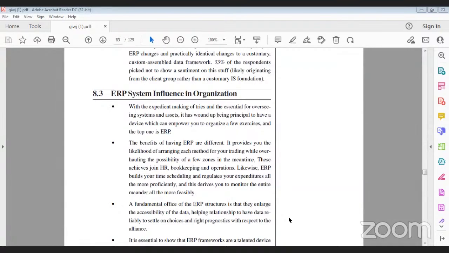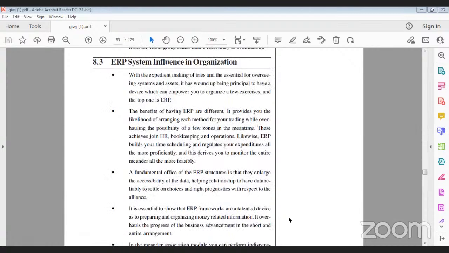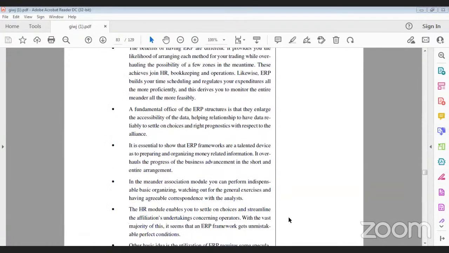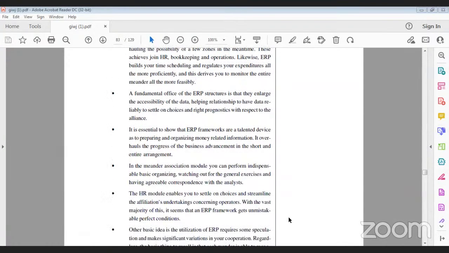The next point is that it is essential to show the ERP framework is a talented device for preparing and organizing money related information. It overhauls the progress of the business advancement in the short and entire arrangement.